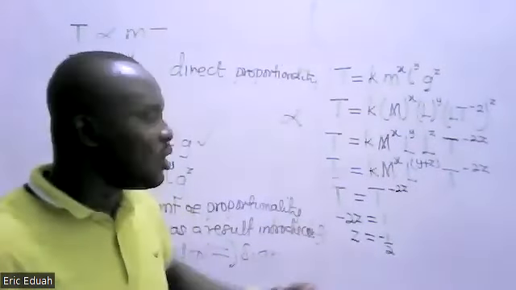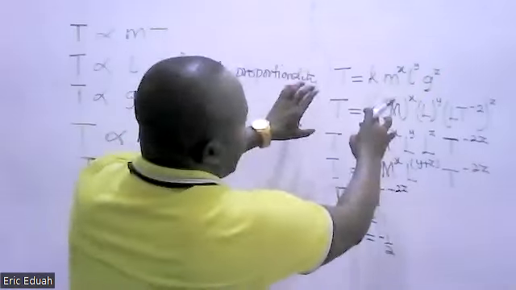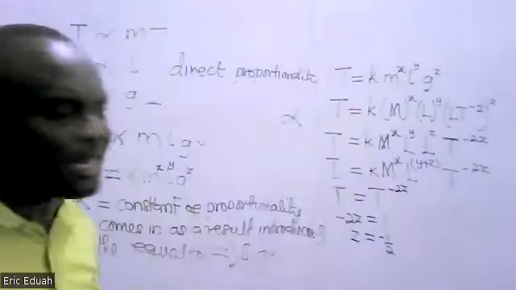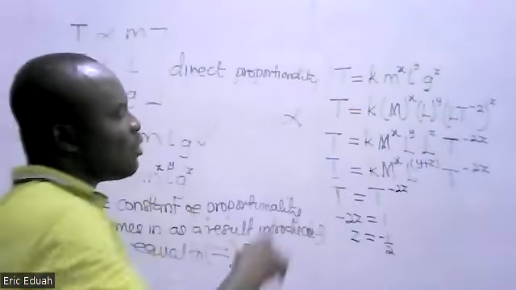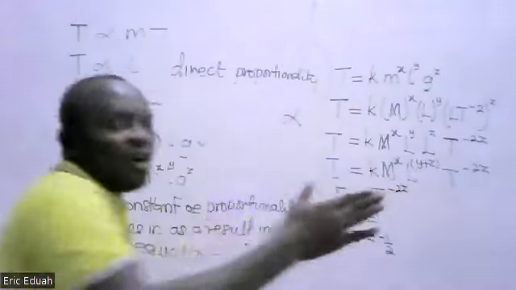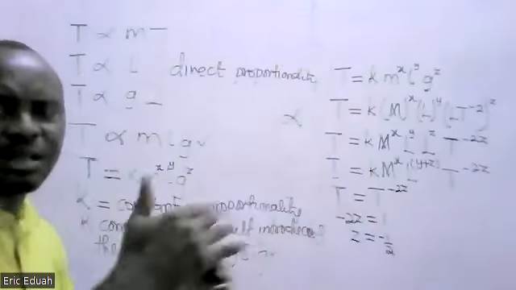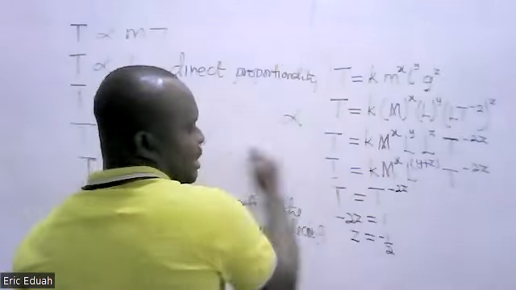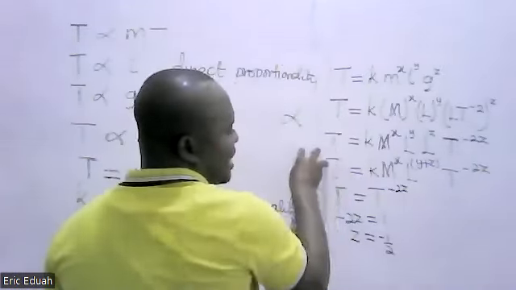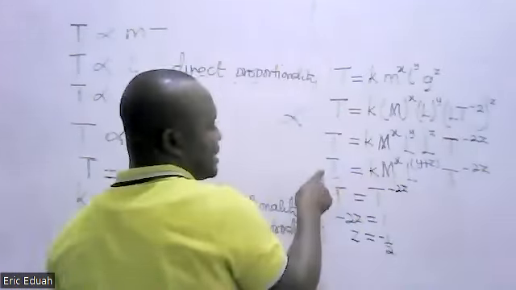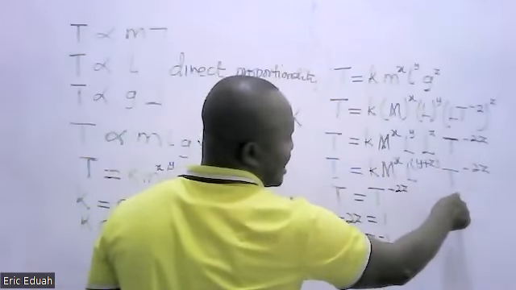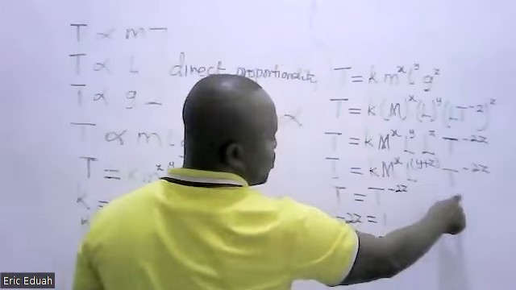No, please. After substituting the dimensions and expanding, all that we are doing is that we want to equate equal counterparts at both left and right. So you look at the left hand side and equate whatever is here to its counterpart. T to the power 1, we also have T to the power negative 2Z.